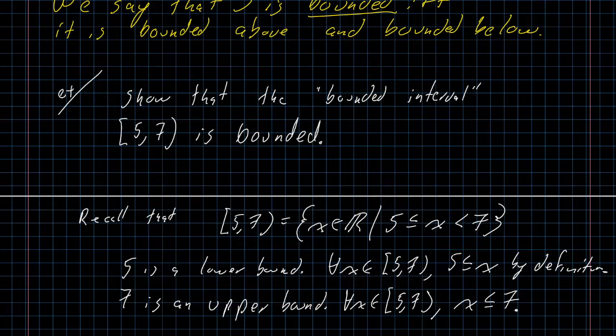And likewise, we have in the definition that x is less than 7, which means that it's also true that x is less than or equal to 7, which is what it takes to say that 7 is an upper bound. We found a lower bound, we found an upper bound. That's what it takes to say that a set is bounded. Yes, it really is that straightforward.